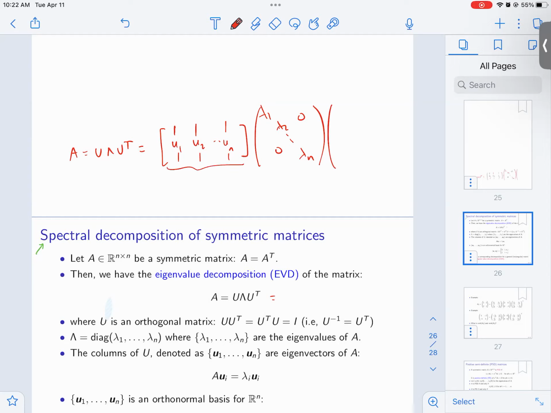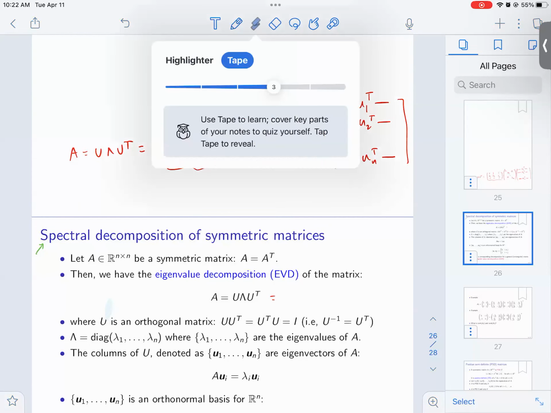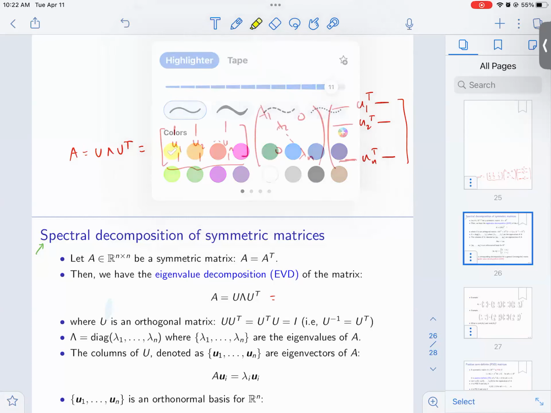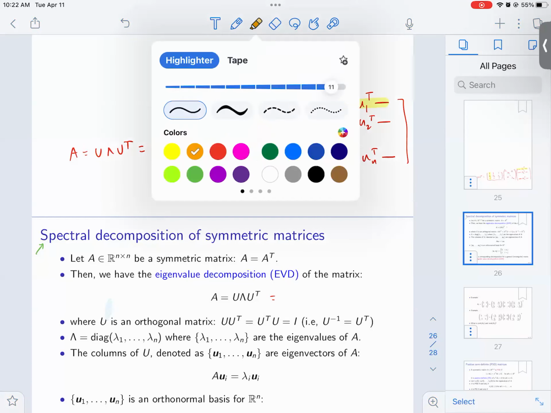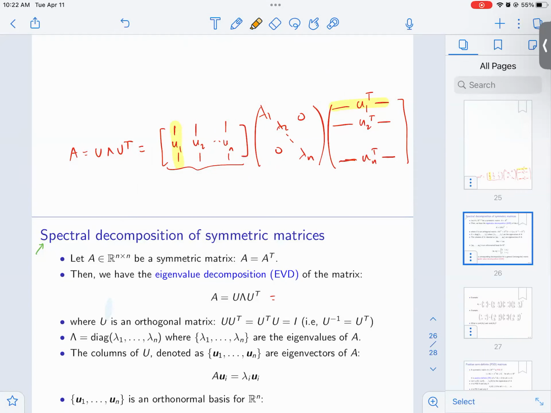If I transpose this matrix, it's going to be U1 transpose here, and then U2 transpose, up to UN transpose. So these are row vectors now. The first one goes here, the other one goes there, the second one goes there, and so on.